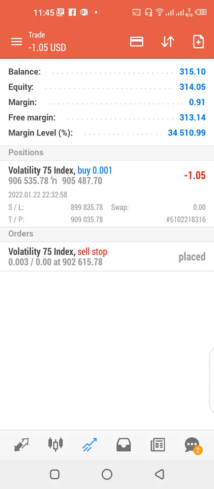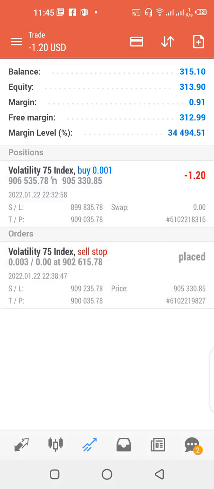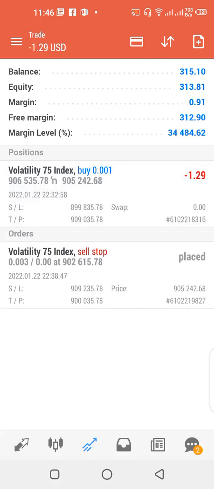So if I'm starting with 0.001, the first edge will be 0.003, the second edge will be 0.008, and the third and final edge will be 0.024.